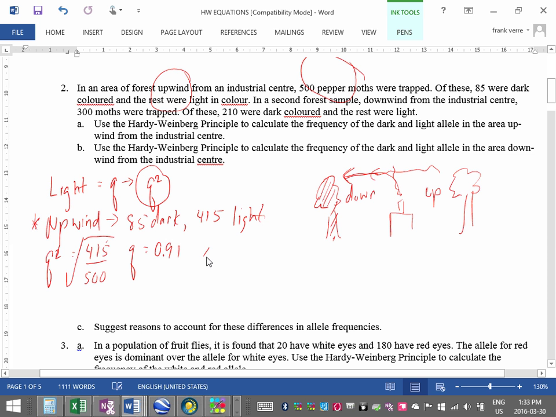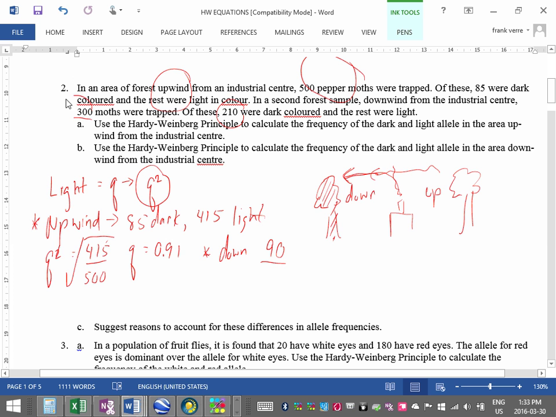Now, if we look at downwind, we have a different set of numbers here. It says 210 are dark. We caught 300 moths, and 210 were dark. So how many were lights? 90. 90 are lights.